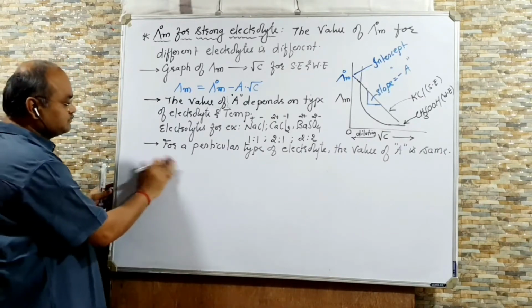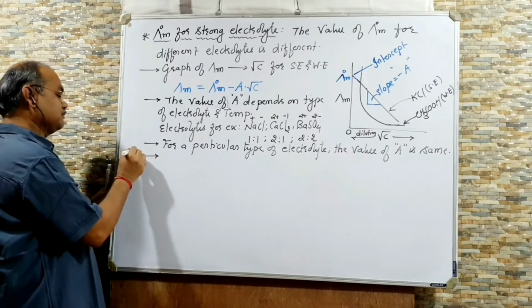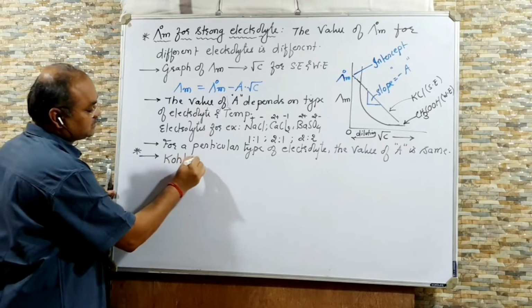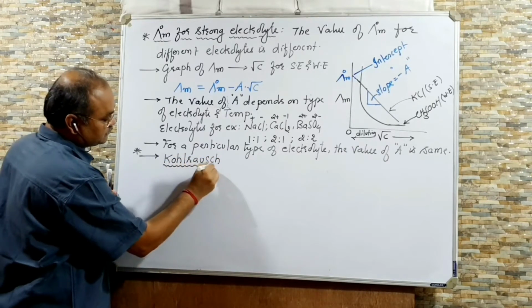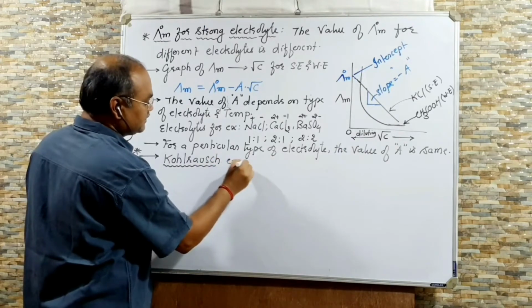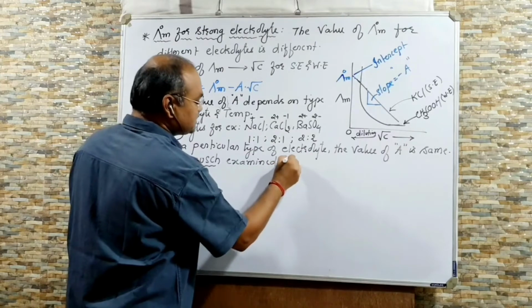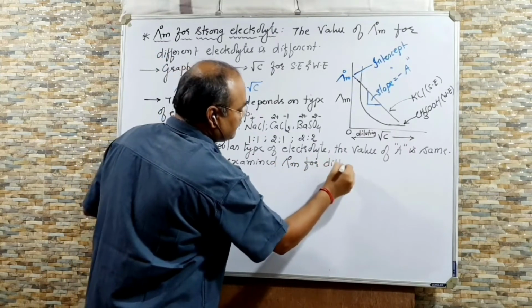Now, one scientist, Kohlrausch, he examined lambda 0 m for different electrolytes.